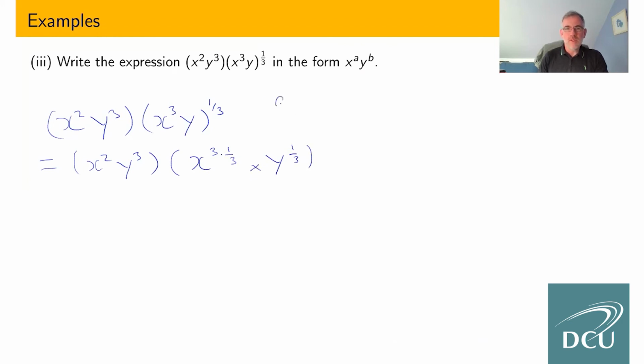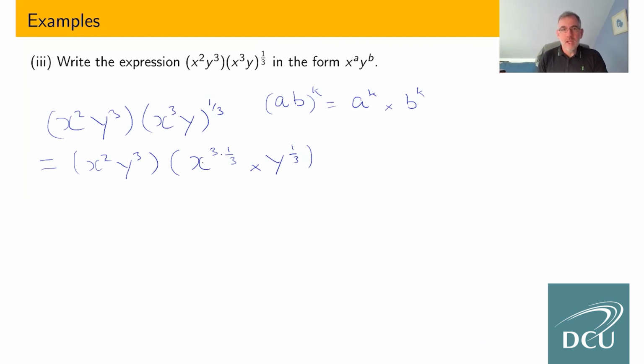Okay, so what I'm using there is that for any numbers, variables, or expressions, a times b to the power of some number k, well, that's going to be a to the power of k multiplied by b to the power of k. We saw that a moment ago in the previous example when k was a positive whole number. We had a times b to the power of 3, and we realized that that's a to the power of 3 times b to the power of 3. This works for any number k, not just 3.